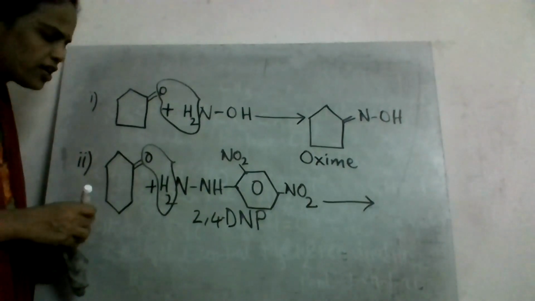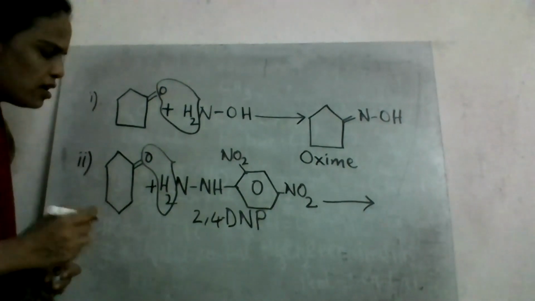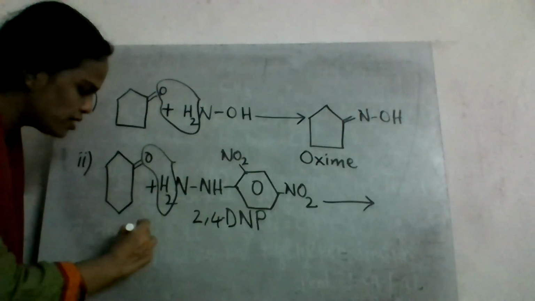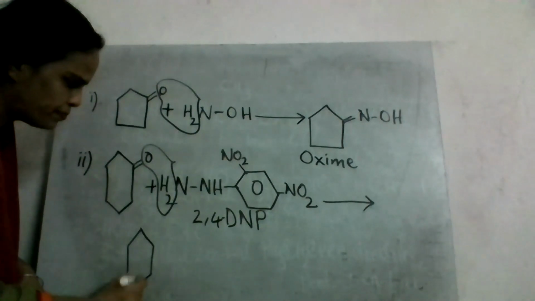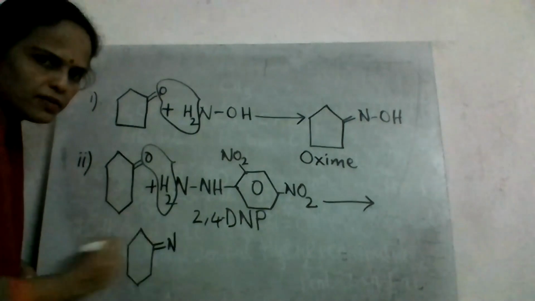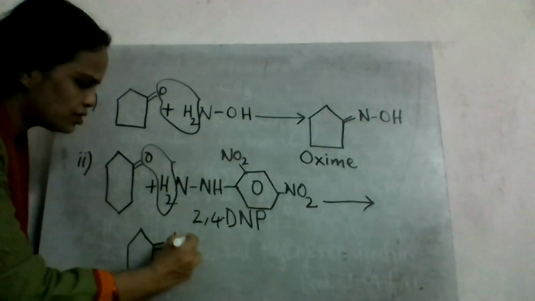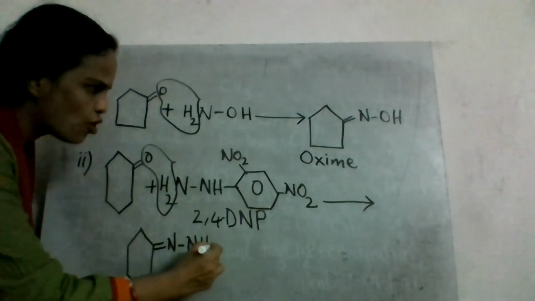So dinitrophenyl hydrazine results in the formation of dinitrophenyl hydrazone. So the product that is formed is this. Double bond, attached with NH, 2,4-dinitrophenyl hydrazone is formed.